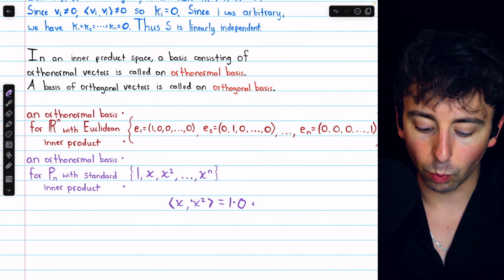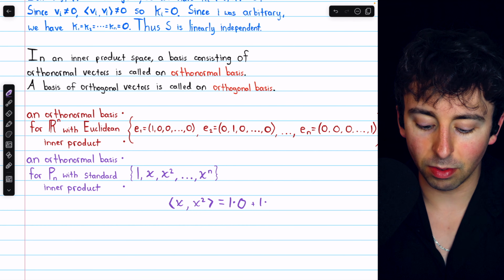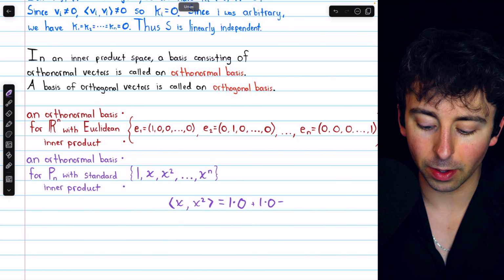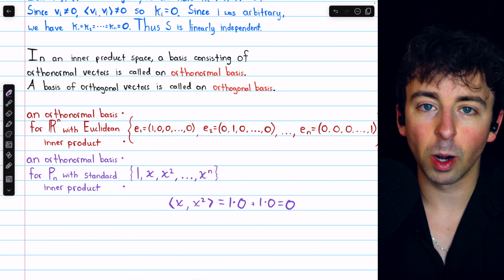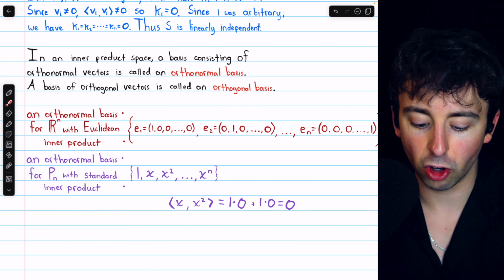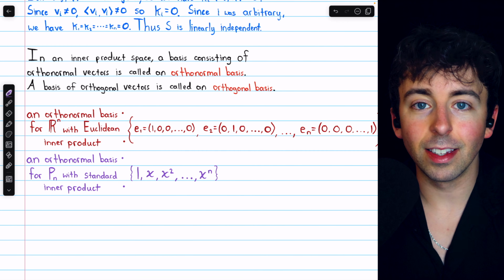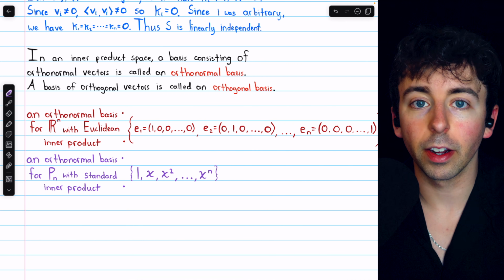Then we would have to add 1, the coefficient of the x squared term in that polynomial, multiplied by 0, the coefficient of the x squared term in this polynomial. Clearly, that's equal to 0, and a similar computation would show this is true for any pair of distinct vectors from this set. Hence, it is an orthogonal set and an orthogonal basis.